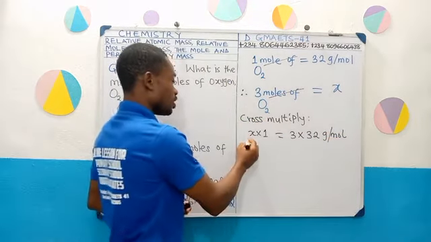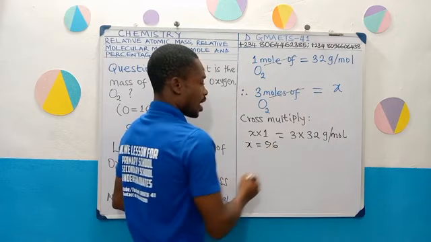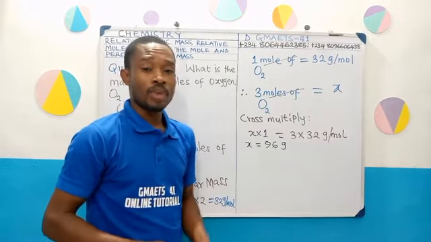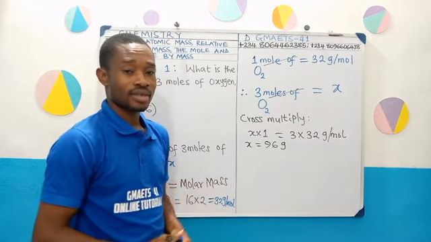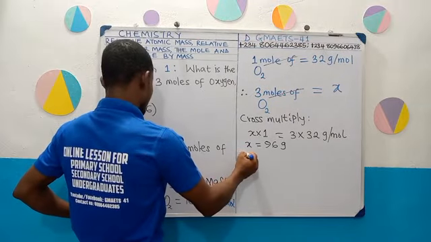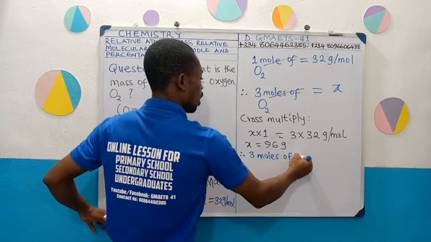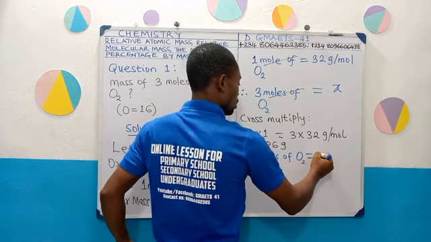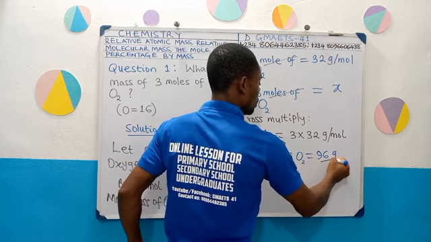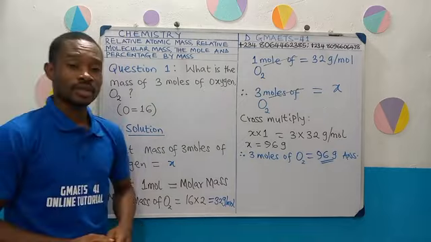So if you solve this, the value of X will give you what? 96. Alright, 96 grams. If I like, I put it per mole; if I don't like, I'll leave it like that. So in conclusion, I can say that 3 moles of oxygen is equal to a mass of 96 grams. Answer. This is one way I can solve it, method 1.